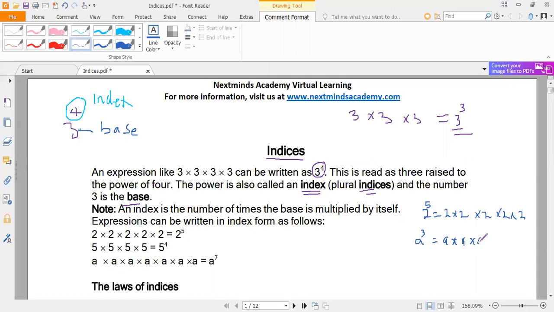So indices are constituted of a base and an index, and under indices we shall be looking at numbers which have powers.